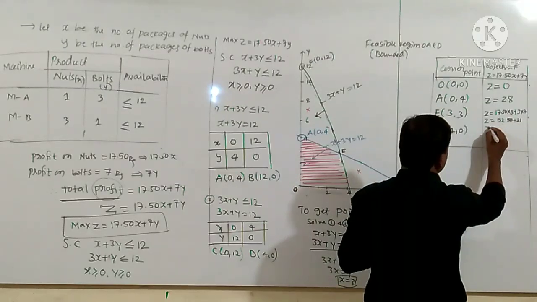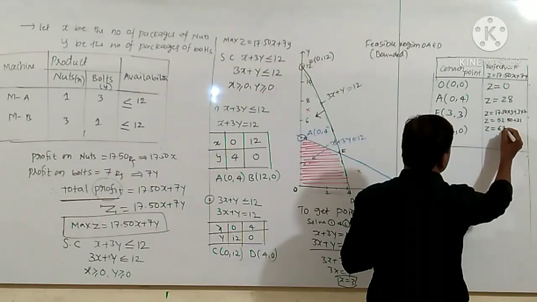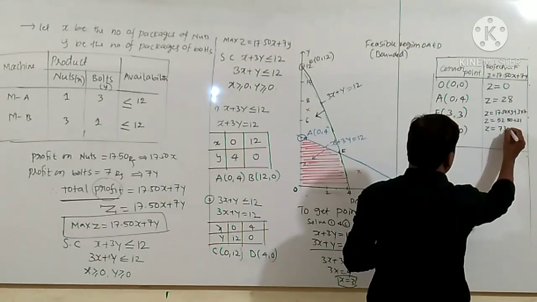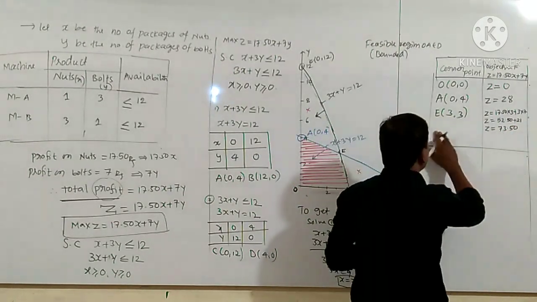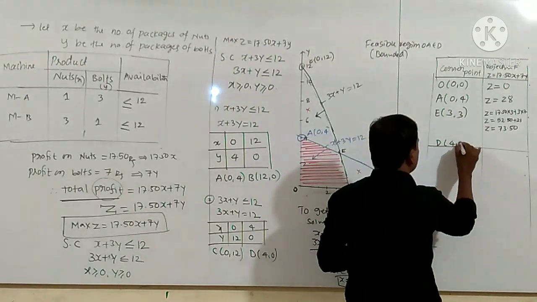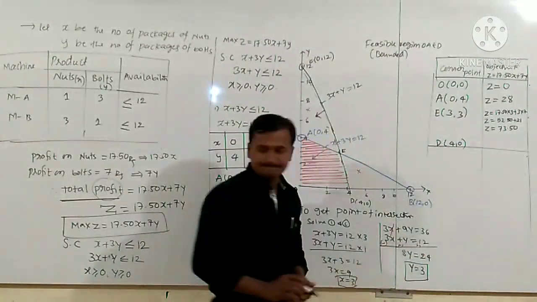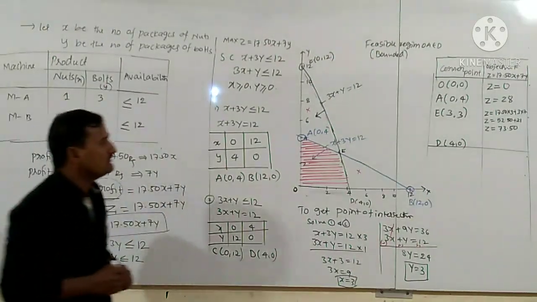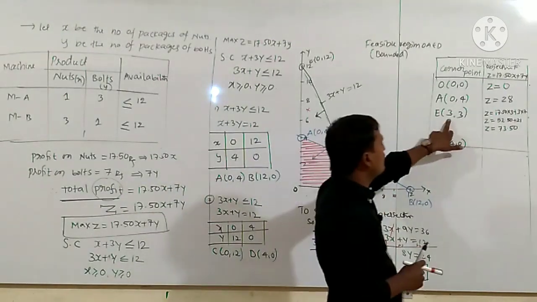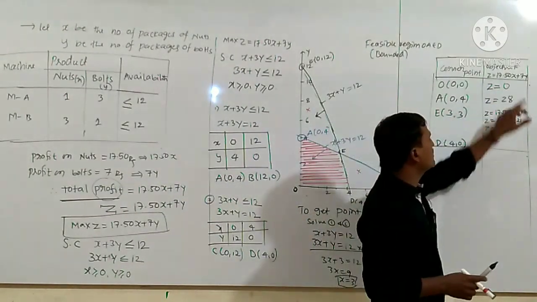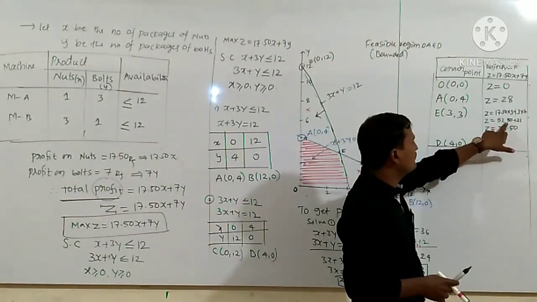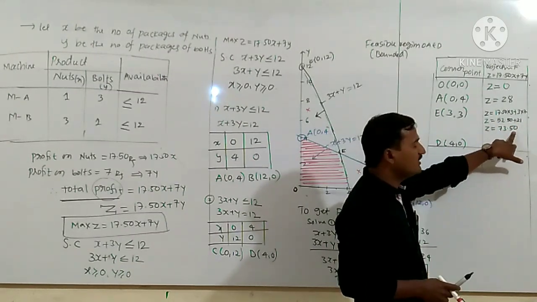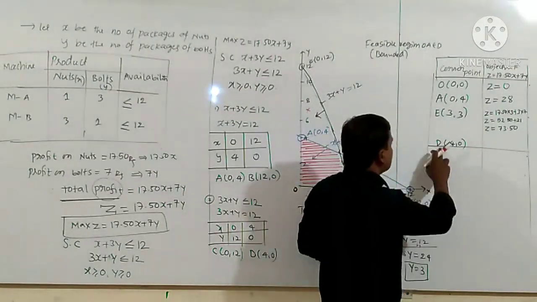Add these two, here you are getting z equal to 73.50. So after substituting the coordinate of E in the objective function, you are getting 52.50 plus 21, which is 73.50, right?